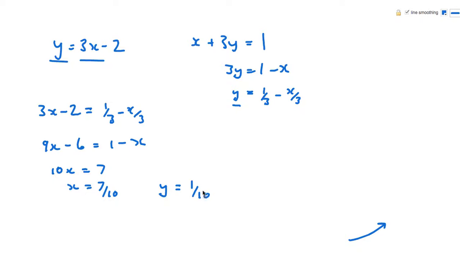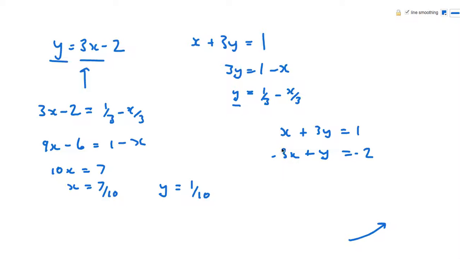The alternative way of doing it would be to put them on top of each other using the x and y number setup. So we need to rearrange this one for that, and that means I just need to move that x over, so it'll be minus 3x plus y is equal to minus 2. Because all the numbers are different here, we need to make two of them the same, so we're going to multiply either top or bottom by 3 to achieve that.